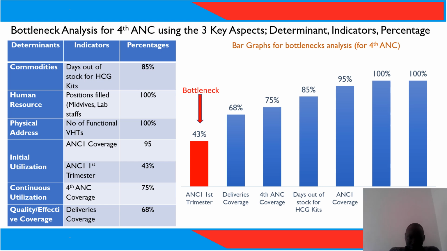If a mother is coming for first antenatal very late, trust me, by the time you are coming for second or third visit, it's when you are going to deliver. Now, when you are coming late for your antenatal one, there are a lot of risk factors associated.